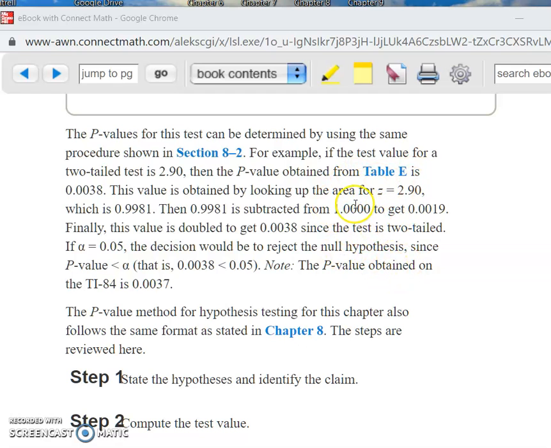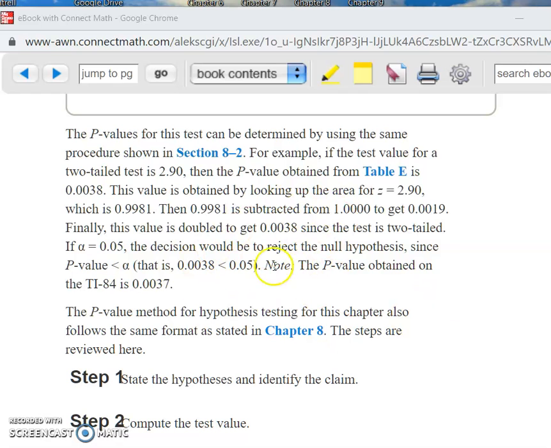So let's see the details here. Okay, so if the test value for a two-tailed test is 2.90, which it is, the p-value obtained from table E is 0.0038. So we did that before. I don't think I want to try to do that again, if you don't mind. Just look back on our previous work on that.